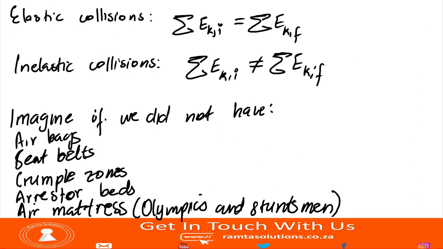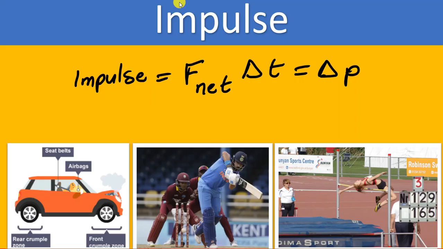Let me go back to the opening page. Now, in the opening slide, we have this in the Olympics, or whatever. I don't know what you call them. Let's call them athletics. Imagine if this lady was landing on the ground.